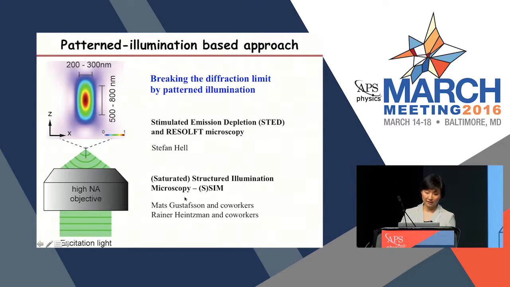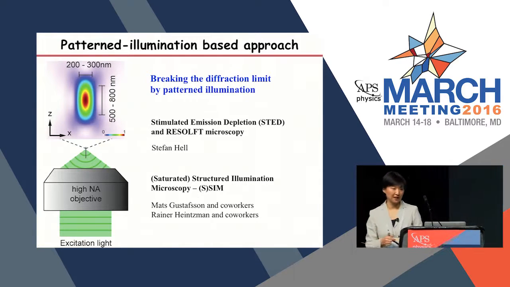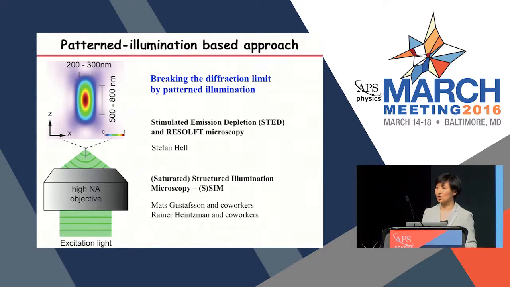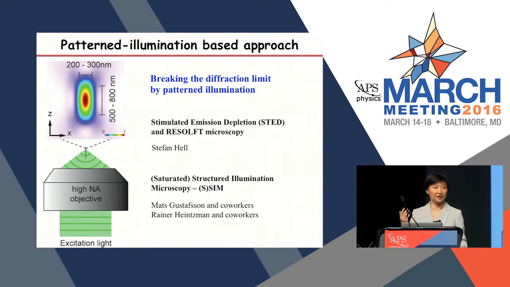Also a popularly used approach is structured illumination microscopy, in particular in its saturated nonlinear form, which also breaks the diffraction limit, pioneered by the late Mats Gustafsson and his co-workers John Sedat, Dave Agard at UCSF, and also by Rainer Heintzmann and co-workers in Europe.